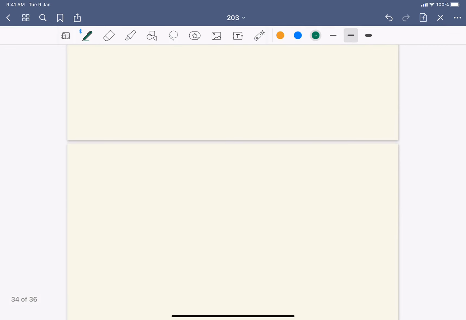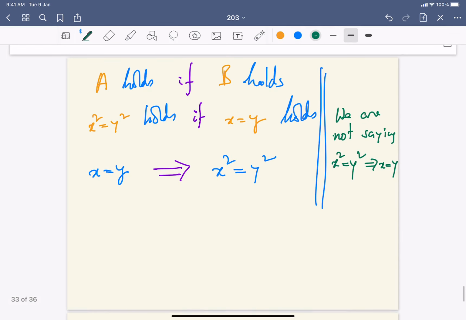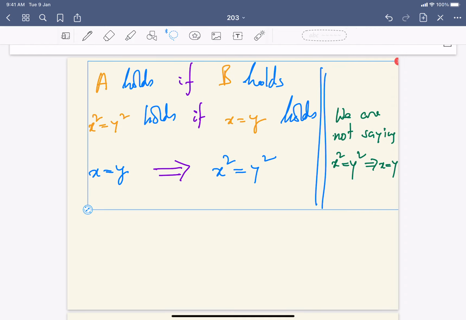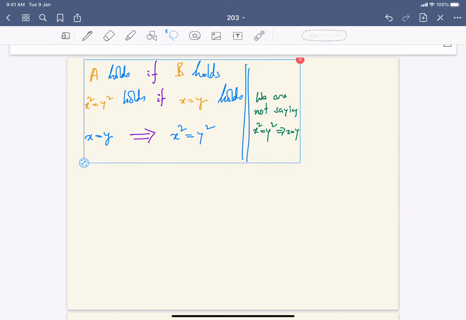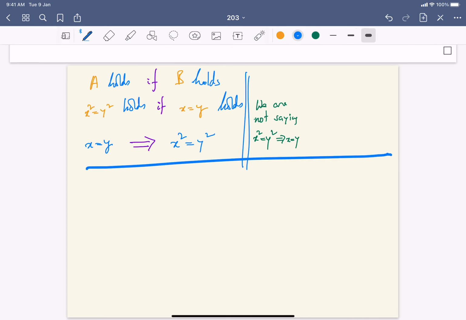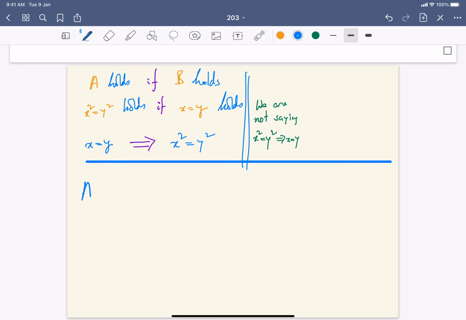Now let me try to explain what we mean by only if, on the same page. Here is one example. I say A holds only if B holds.